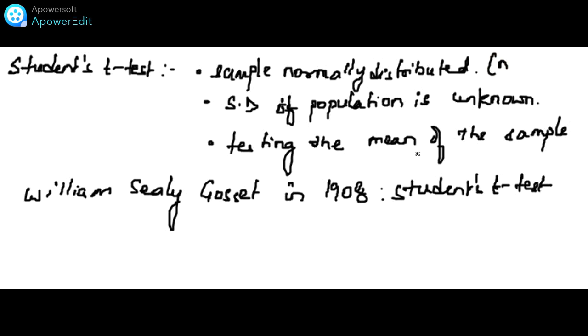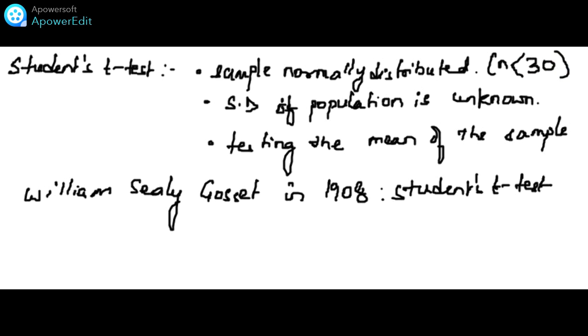In Z statistics the sample size is greater than 30. Here I told it wrong: the sample size would be less than 30 in case of t-test, and greater than 30 in case of z-test.